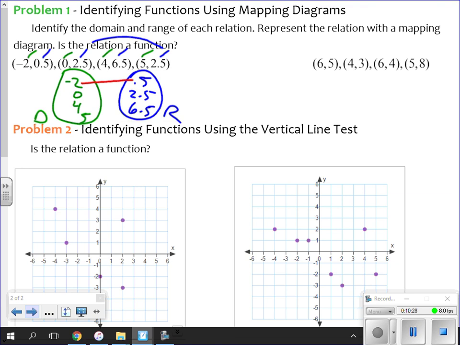My next x is 0, it connects with 2.5. My next x is 4, it connects with 6.5. And then my last x is 5. What does 5 connect with? 2.5. So I just have it going to the same 2.5. That's okay.